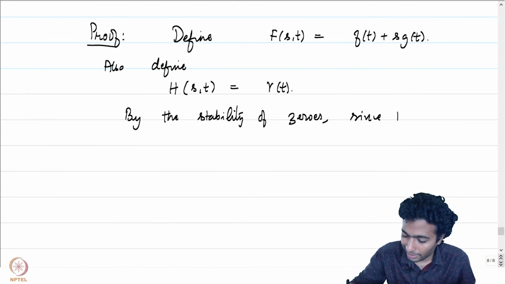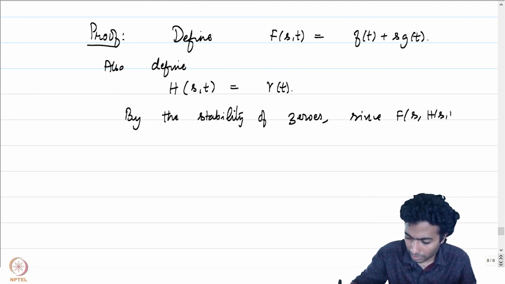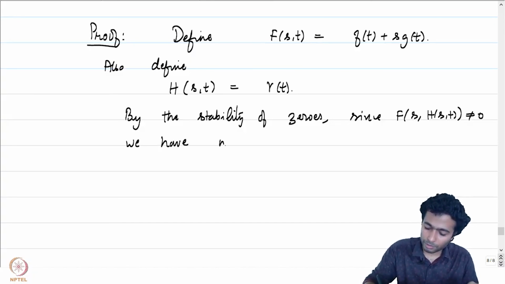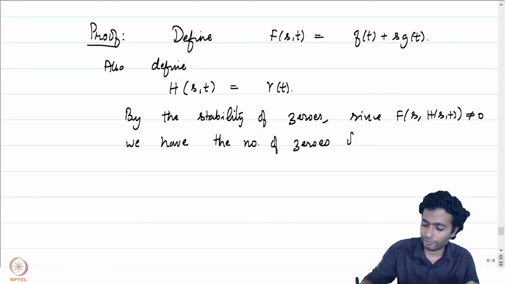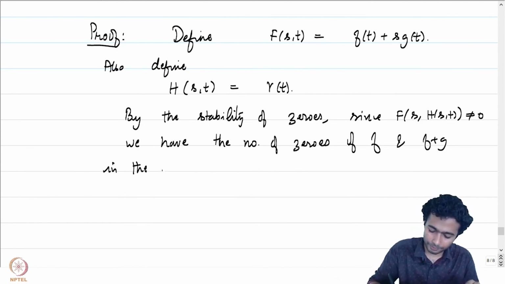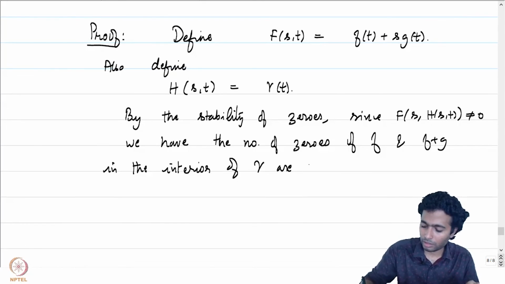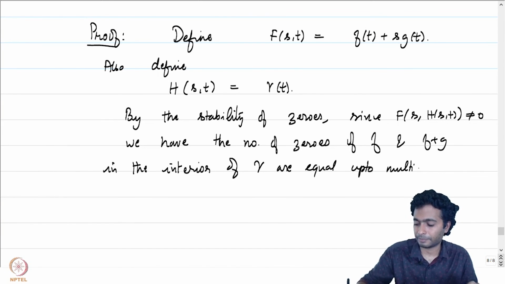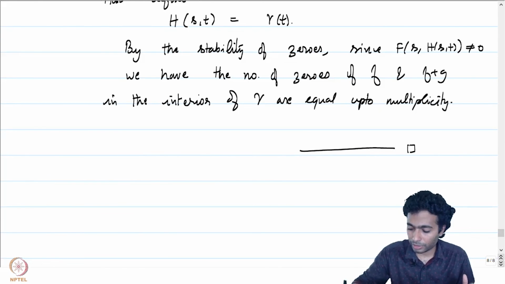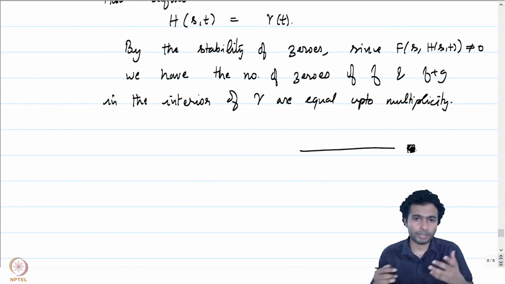Since F of s comma H of s comma t is not equal to 0, the numbers of zeros of f and f plus g in the interior of gamma are equal up to multiplicity. We will solve some problems based on Rouche's theorem and see how powerful they are in the problem session that follows.